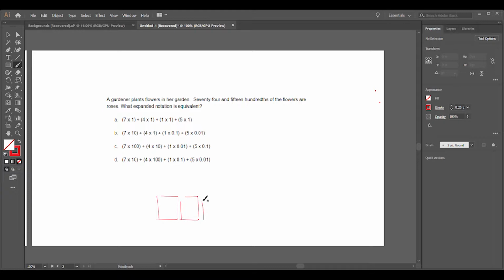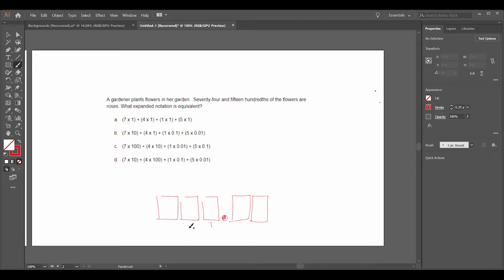Not coming out looking too good, but we'll keep using them. There's my decimal. Here are my place values to the right of the decimal. I know you guys know these from first grade.